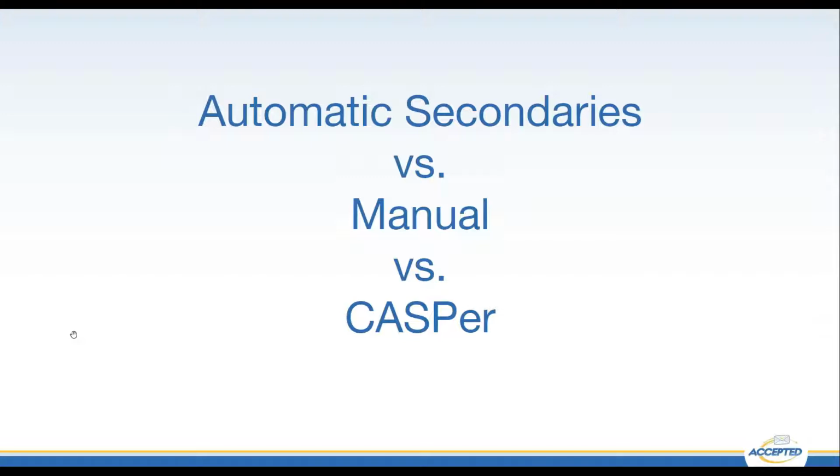The third and newest form of secondary application is the CASPR. Actually, it's required now by multiple medical schools. NYU Medical School and Robert Wood Johnson are just a couple of the schools that require the CASPR.